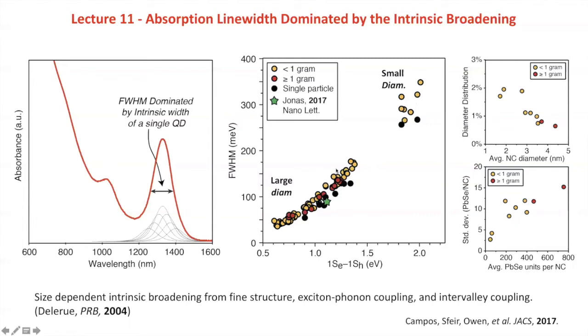Okay, and so the intrinsic width goes up, as does the ensemble width. So, there's a couple of things to learn from this graph. One of which is that the intrinsic width of the spectrum is size dependent. And the other is that in these samples and many other people's samples, the widths that you see are dominated by this intrinsic broadening and have very little broadening associated with the size distribution.